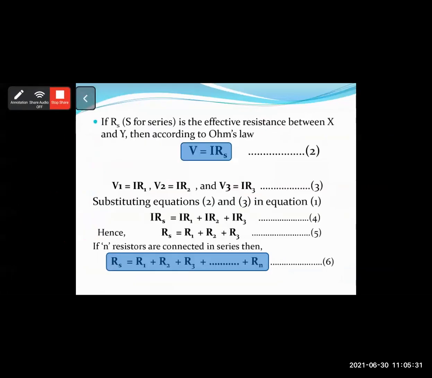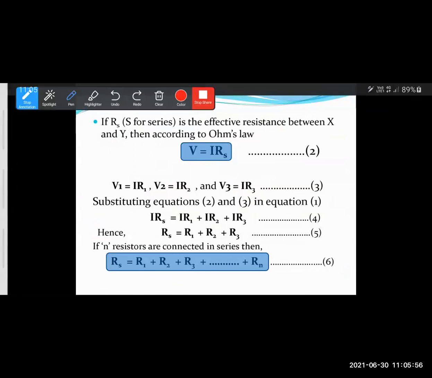Okay, as you can see, if RS, where the subscript S stands for series, means the connection of the resistors is made in series, is the effective resistance between points X and Y, then according to Ohm's law, we get V equals IRS, the total voltage.